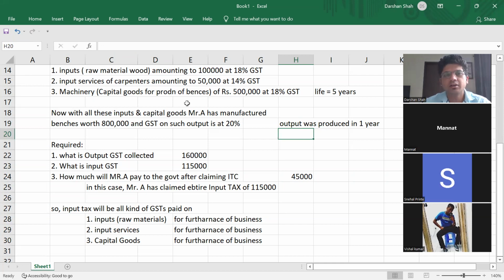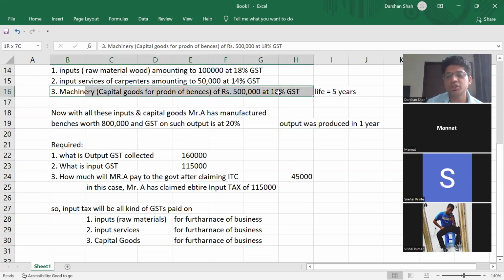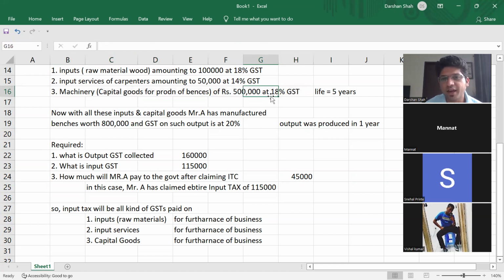Still, I'll get the entire input GST paid on capital goods. Don't do 5 lakh into 18% into 1/5. You don't need to do it like depreciation. You can claim the entire input tax paid on capital goods in the first year itself. No problem. You don't need to take proportionate over here.